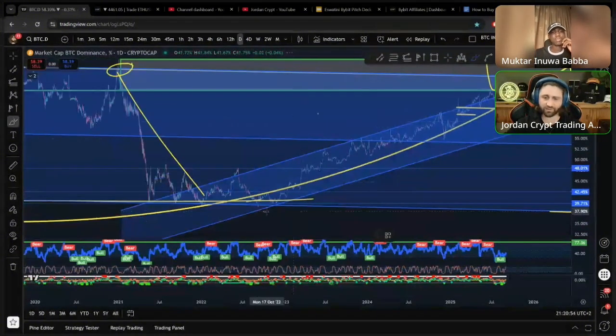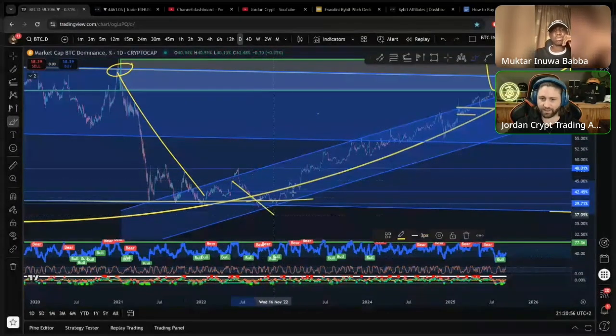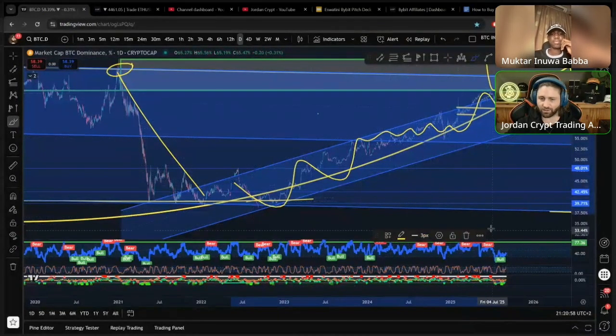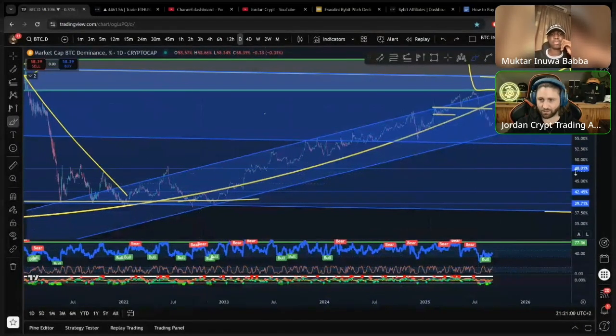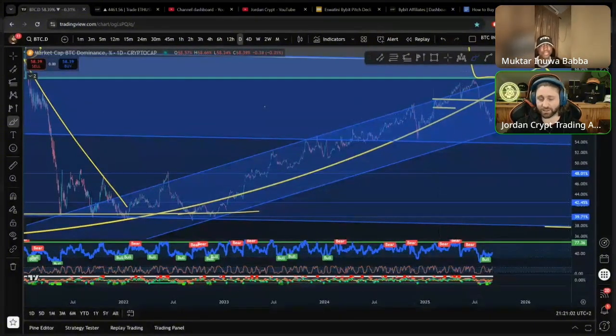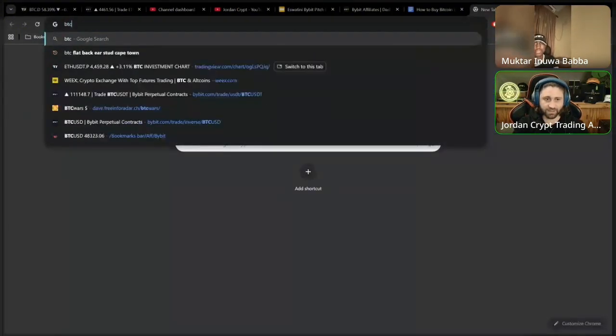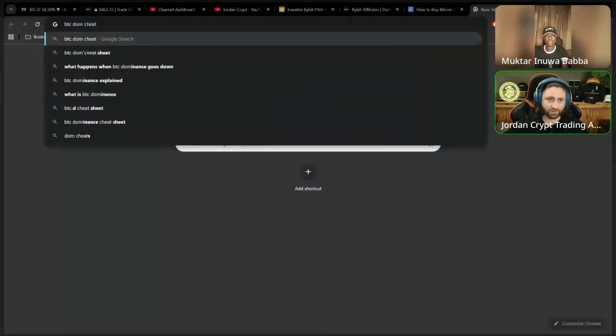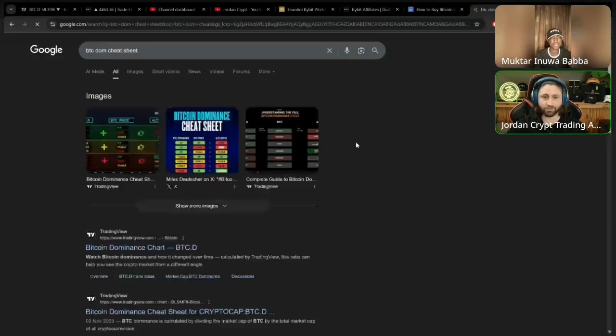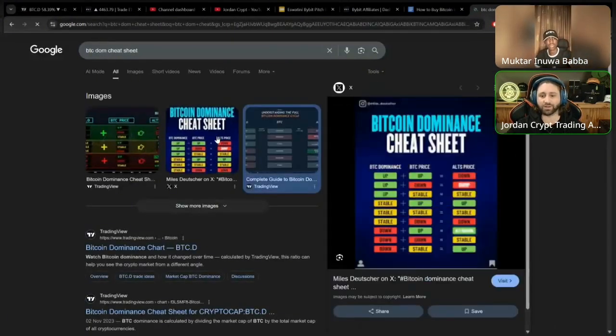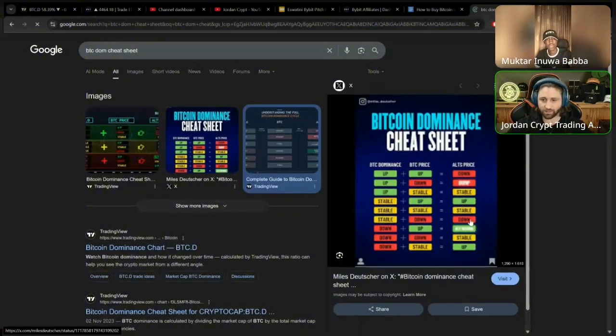You can see that for many months, we have been inside this upward sloping channel on Bitcoin dominance, right? And basically just learn to understand the BTC dominance cheat sheet. This is very important to understand if you don't understand it yet. This is actually a very nice one from Miles Deutscher.